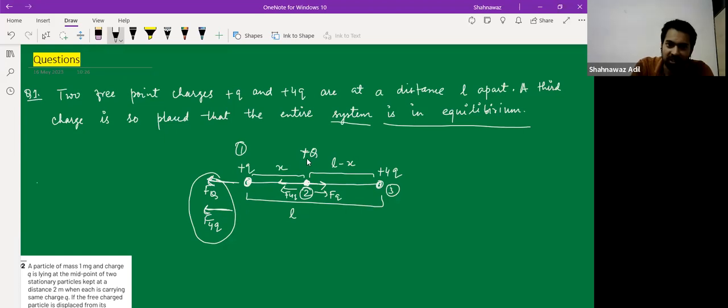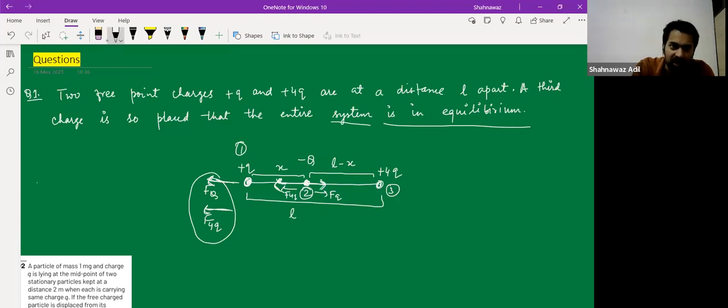So we should change the polarity. Let's see what happens when the polarity of this charge is negative. Then this force will be attractive. This will attract in this direction, and this will attract in this direction.